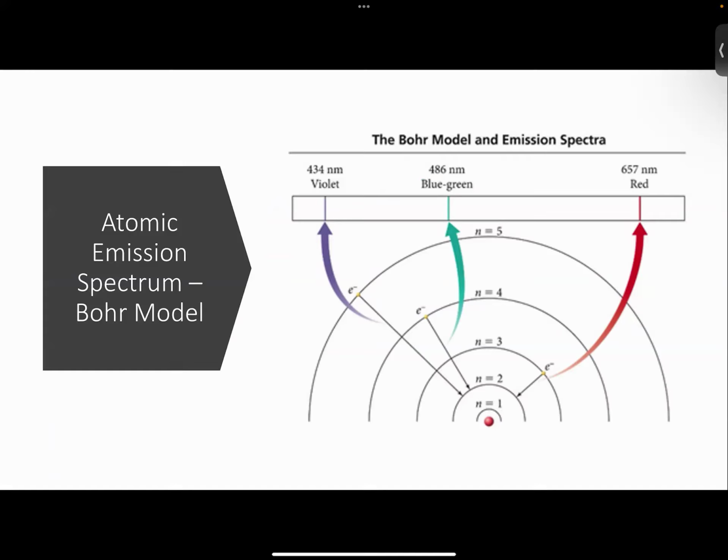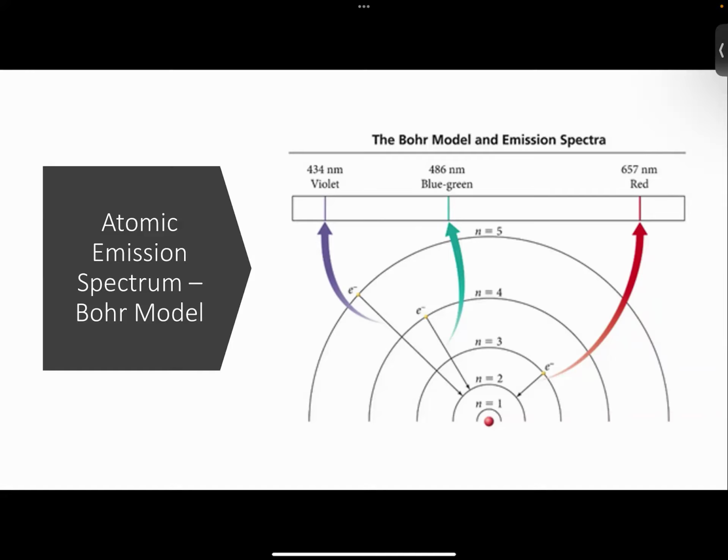For hydrogen, again, we took the electron in the 1, which is the electron closest to the nucleus. We excited that electron to some layer further out. As that electron relaxed to the second layer, it gave off light. So as it relaxed from 5 down to 2, it would have given off a purple light around 434, which most people couldn't see.